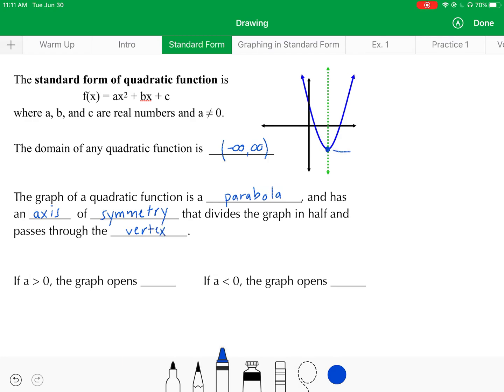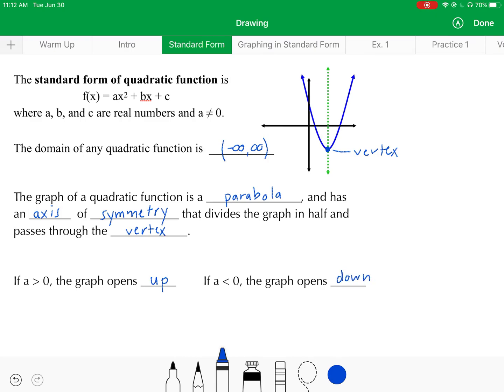This is your vertex. Now a couple of rules that go along with our transformation rules. When your a value is positive, the parabola will open up. But if the a is negative, the graph opens down.